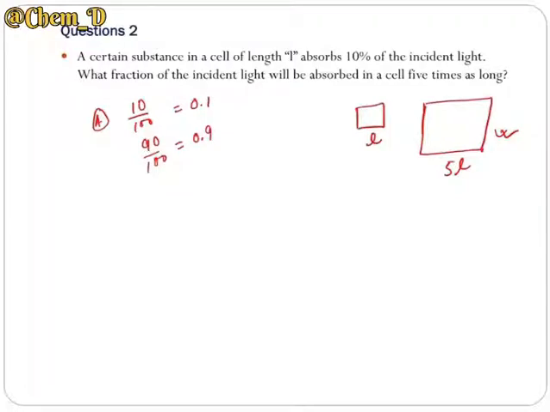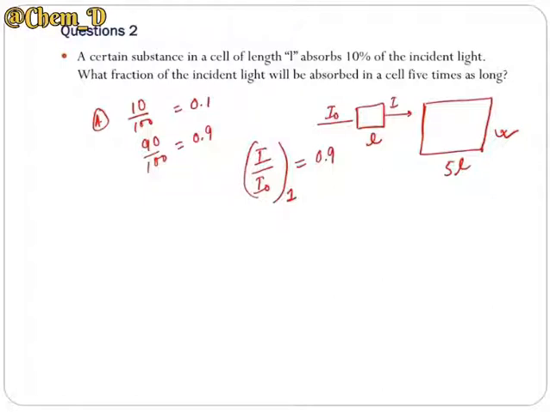So if we take this as I0 and this as I, then I by I0 for cell 1 is equal to 0.9.